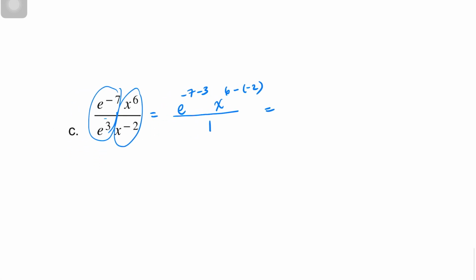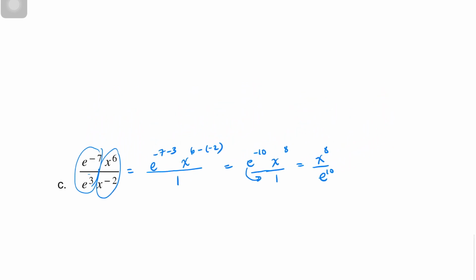And the first one we get e to the negative 10, and in the second one we get 6 minus negative 2, which turns into a plus. So 6 plus 2 is 8. And because this one has a negative power, this will go into the denominator. And there you go.